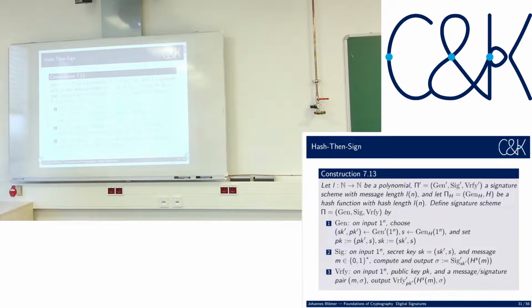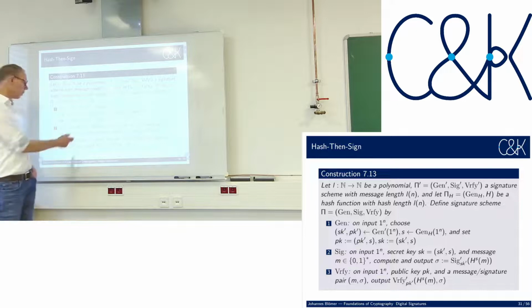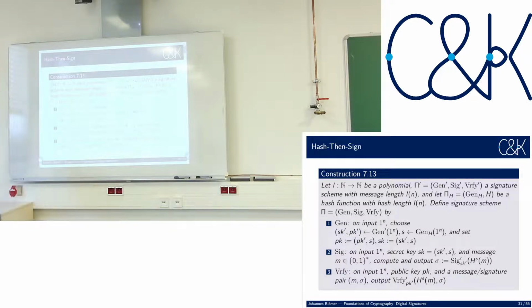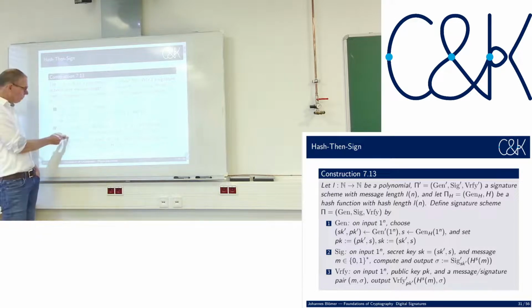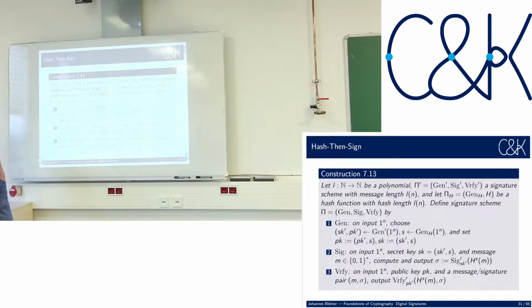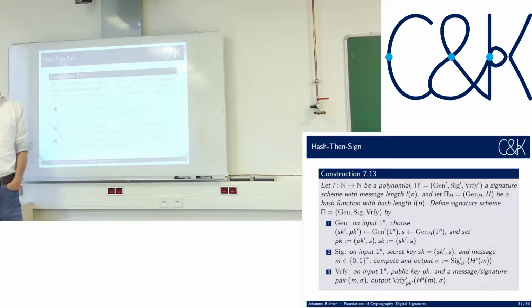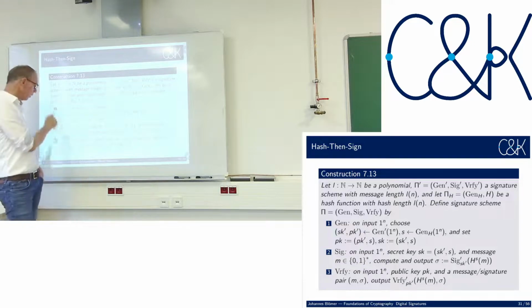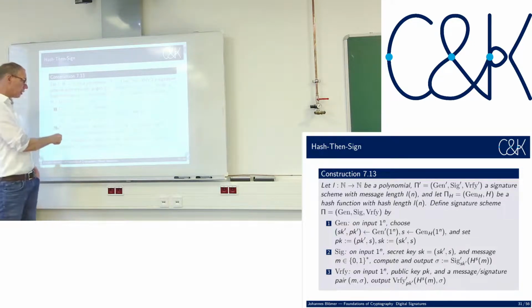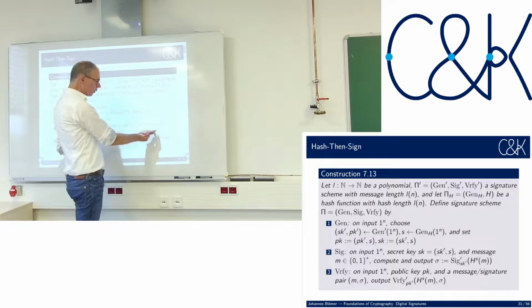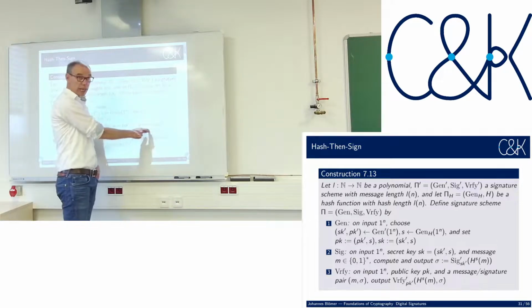Now the signing algorithm, on input 1 to the n, secret key sk, which can be written as sk prime comma s, and message m in 0,1 star. Here I assume that this hash function can work with arbitrary length messages. So what it does first, it computes the hash value of m using the key s.